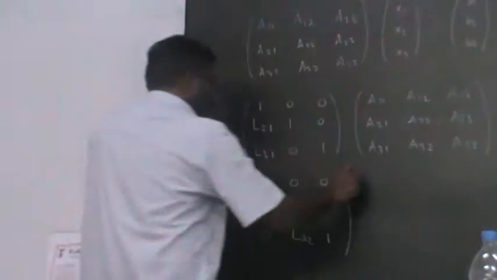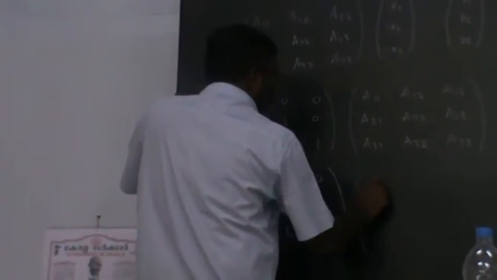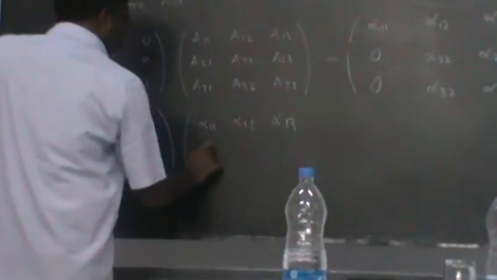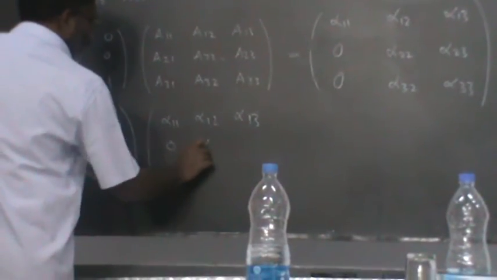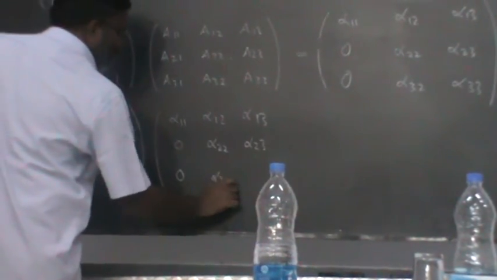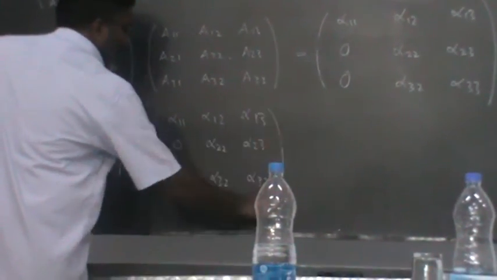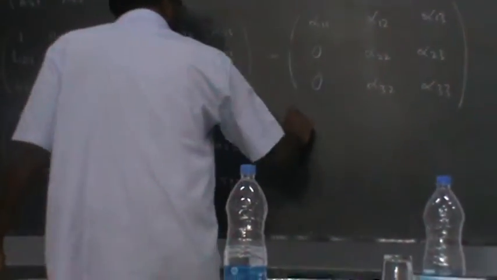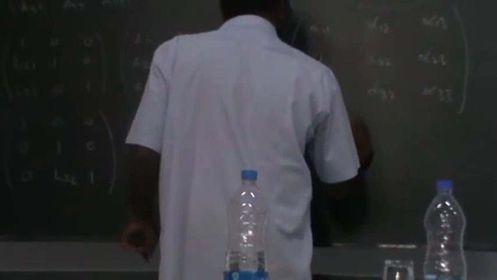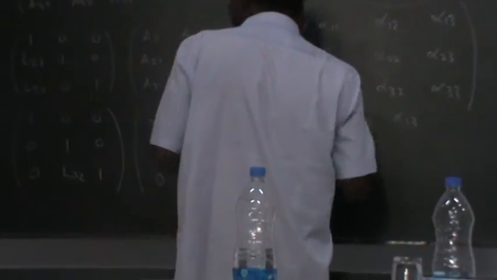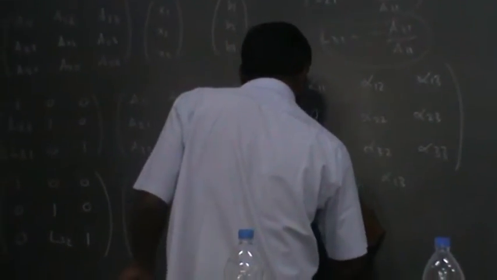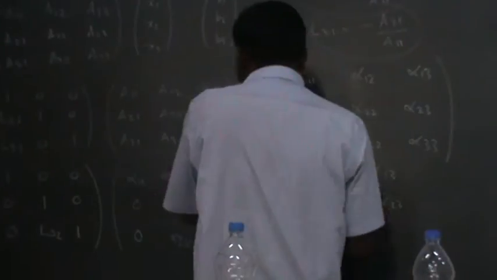I multiply this with alpha 1,1, alpha 1,2, alpha 1,3, 0, alpha 2,2, alpha 2,3, 0, alpha 3,2, alpha 3,3. What I will get is alpha 1,1, alpha 1,2, alpha 1,3, and 0, alpha 2,2, alpha 2,3. There is no change in these.